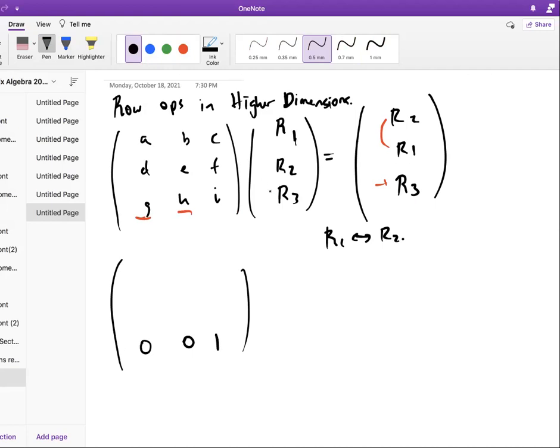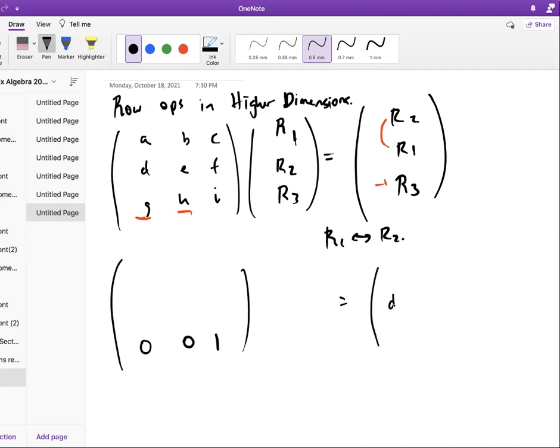All right, so now where something differs is, let's think about the second row. What would the second row be? So you can just multiply it out. So what would the second row be?